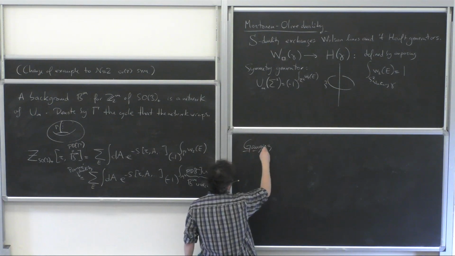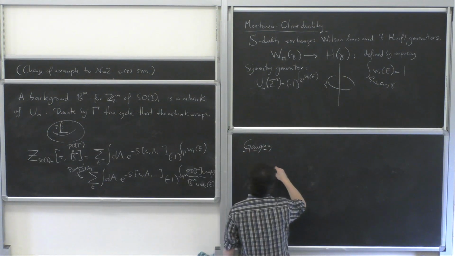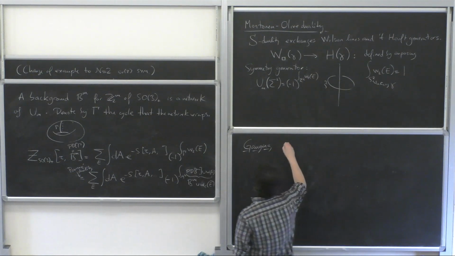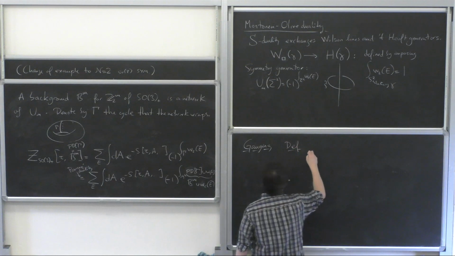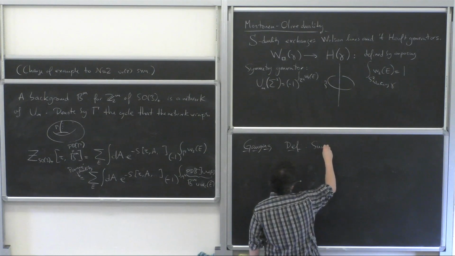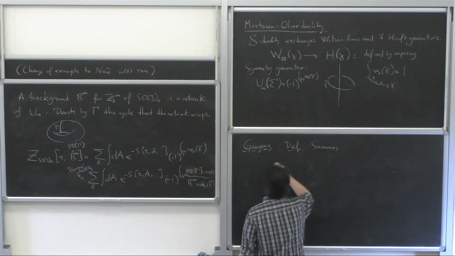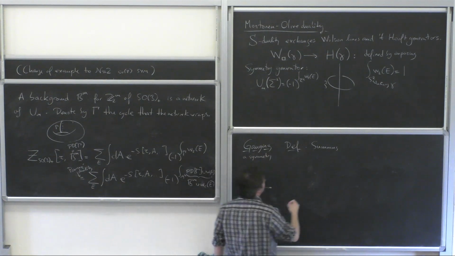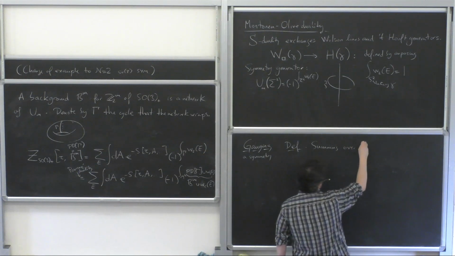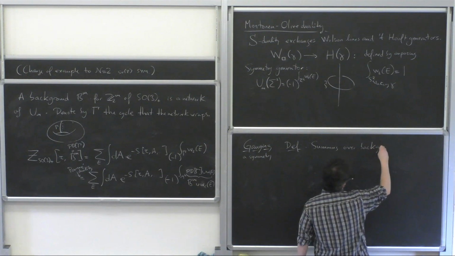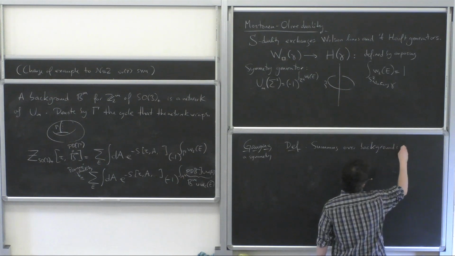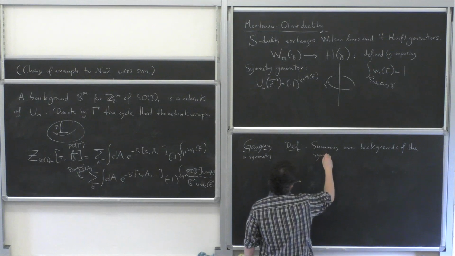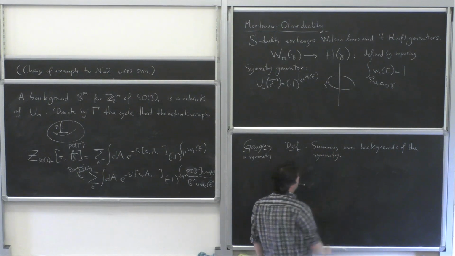Let's say that we start with the SU2 theory. Sorry, first of all, what's gauging? Gauging, definition, gauging a symmetry is summing over backgrounds of the symmetry, in the path integral formulation.